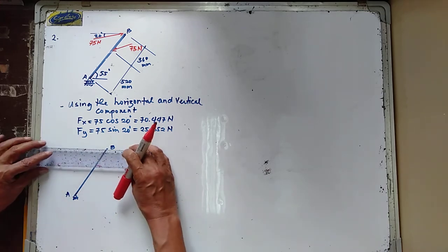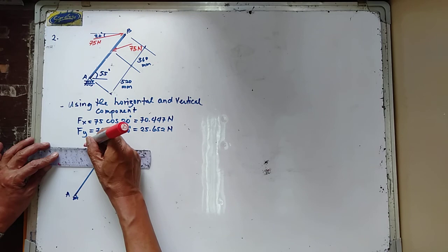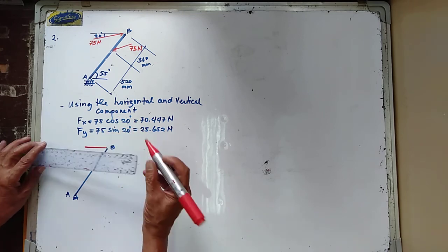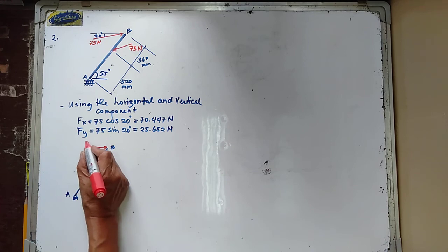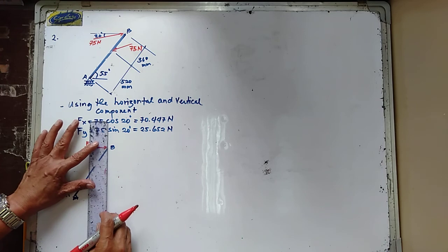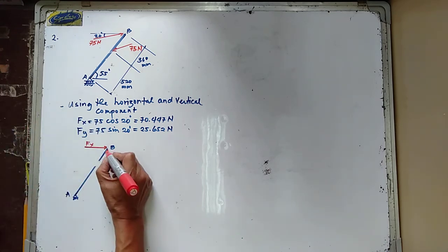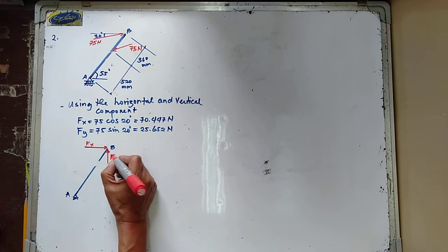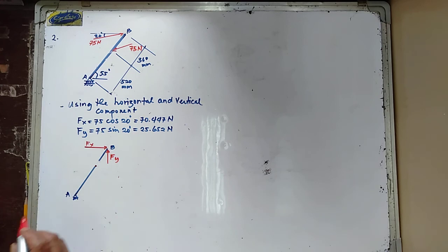So this is 75, in the x-axis. So that is your Fx, to the right. And this one in here is your Fy. The other one is at this point.